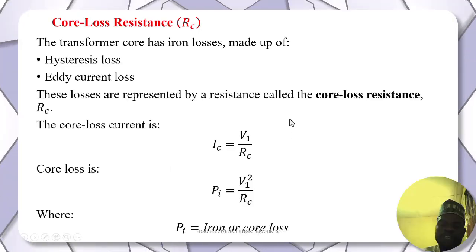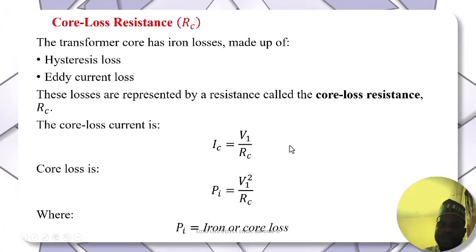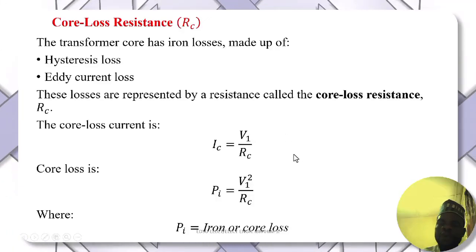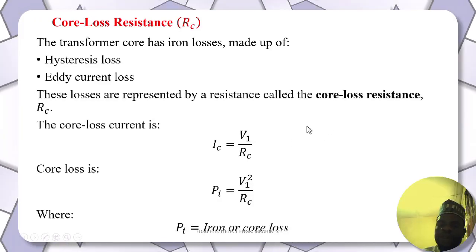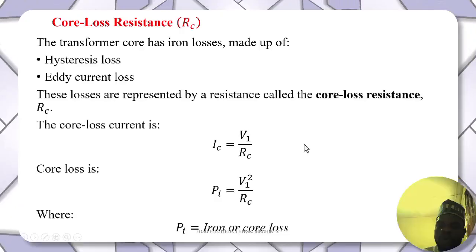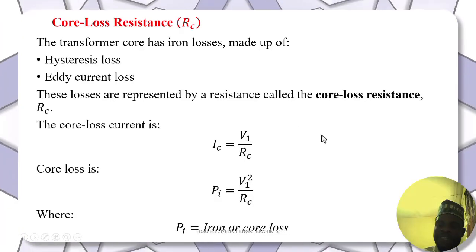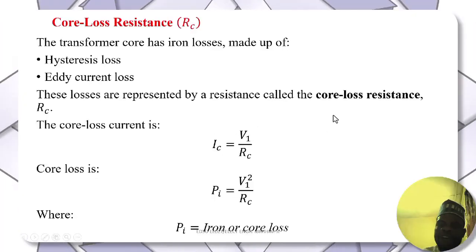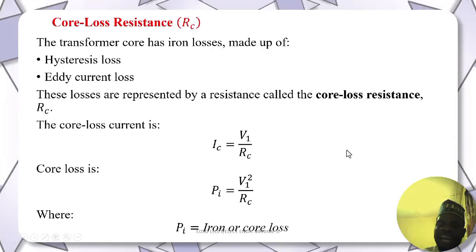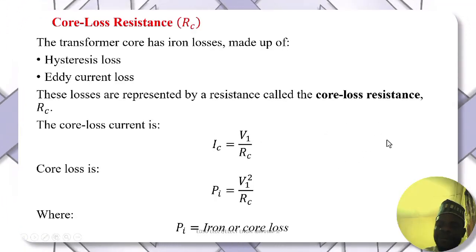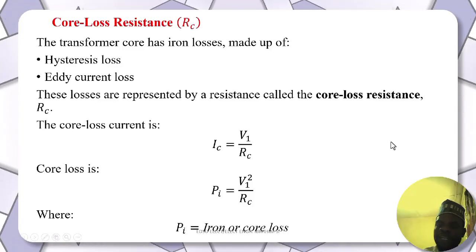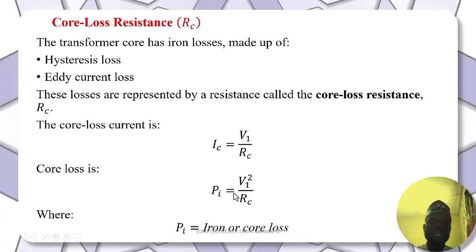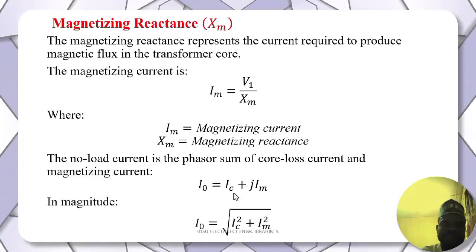When we have V equals IR, and you're looking for power, we know our power to be IV. Then you can remove your I and represent it with V. Then you have V1 over R, multiplied by V1. So V1 times V1 gives V1 squared. Then we have this as the core or iron loss.